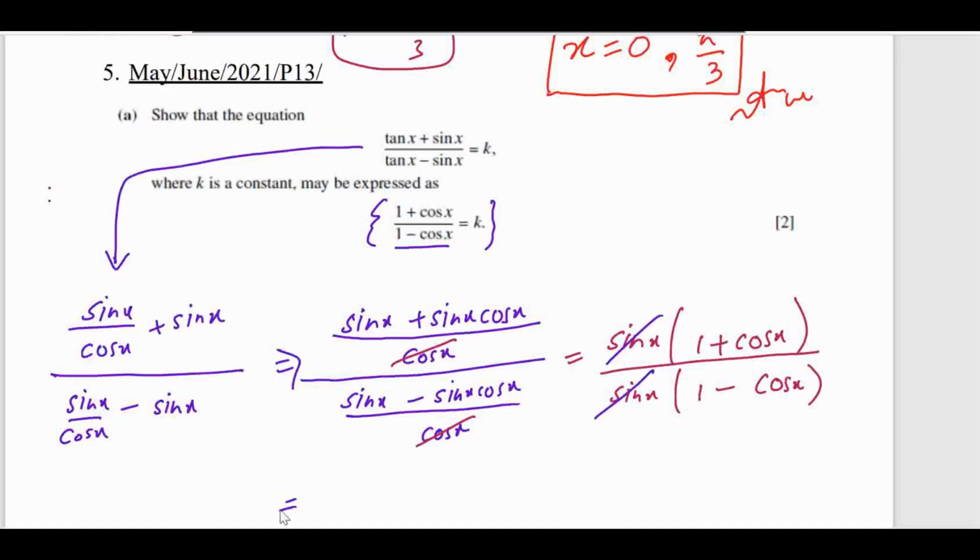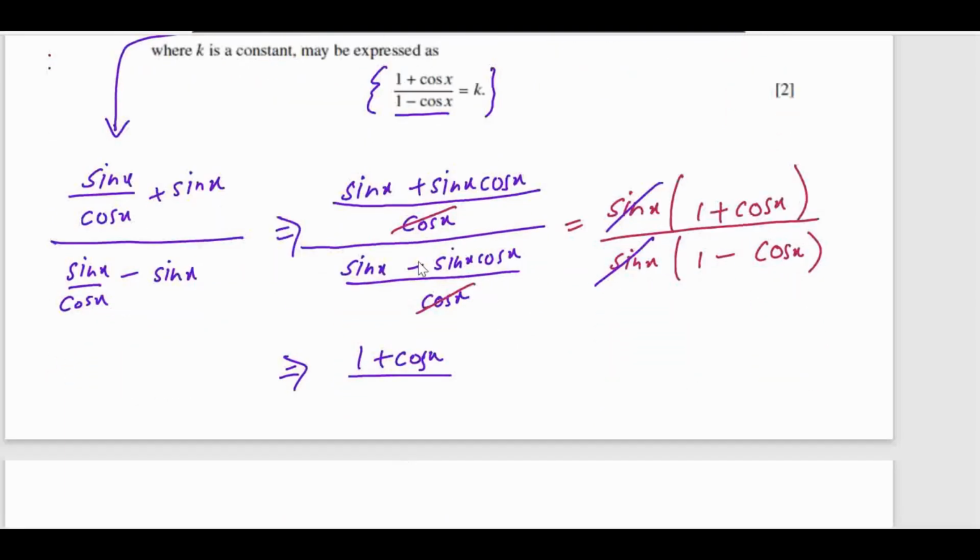Here this will be equal to 1 plus cos of x divided by 1 minus cos of x, and this thing is equal to k. I hope that the concept is clear.